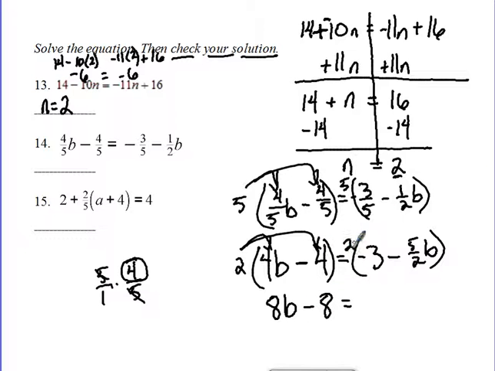And on this side, since we multiplied one side by 2, we had to multiply the other side by 2. 2 times negative 3 is negative 6 minus, and 2 times 5 halves is 5 times b. Now we've simplified this and gotten rid of all of our fractions.